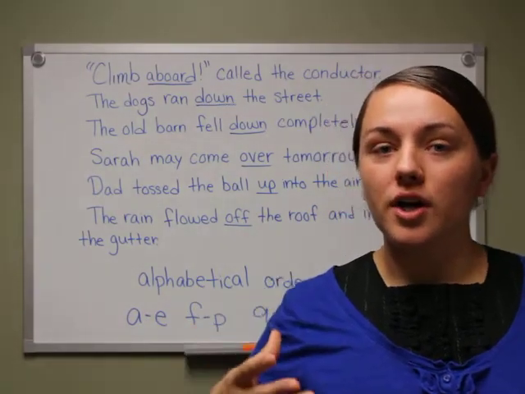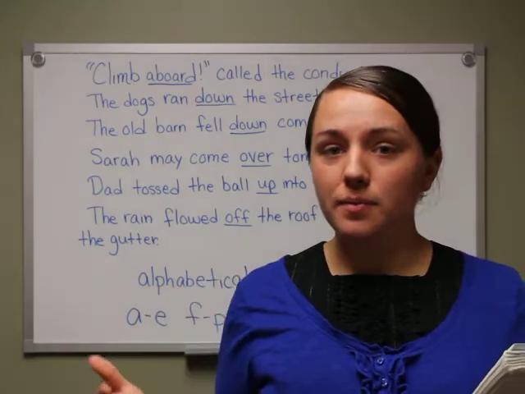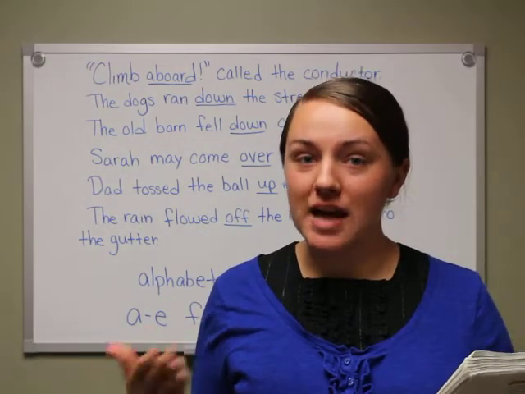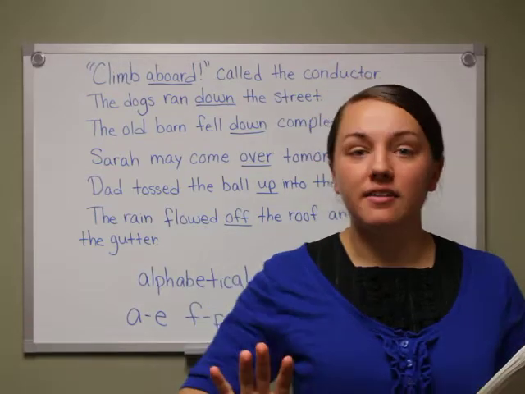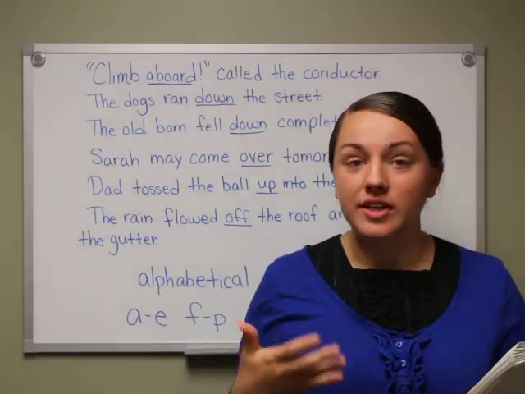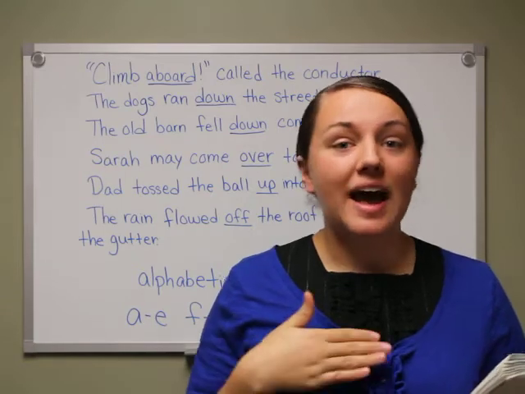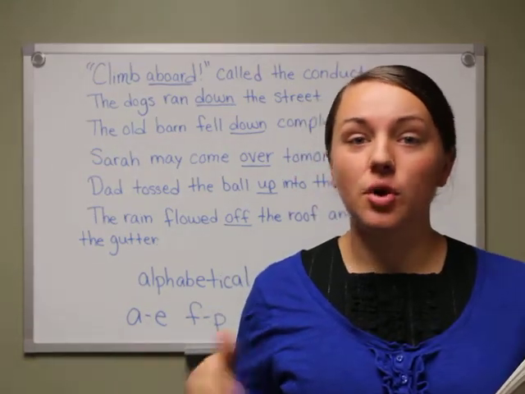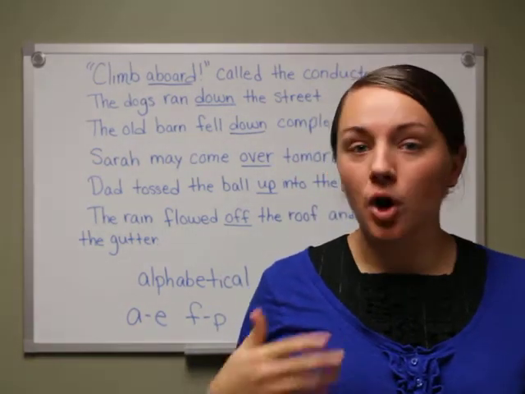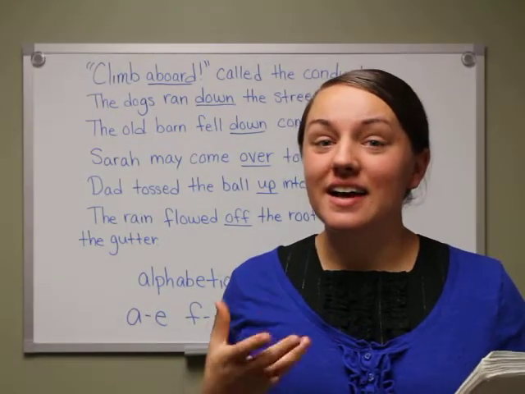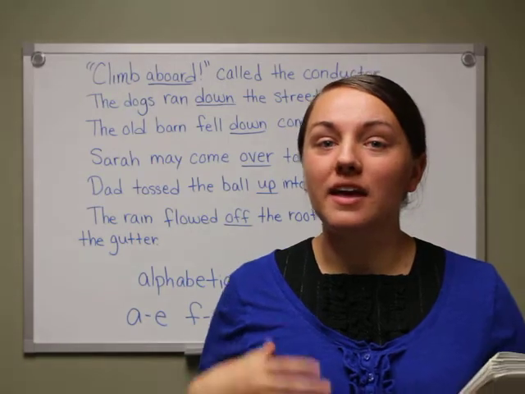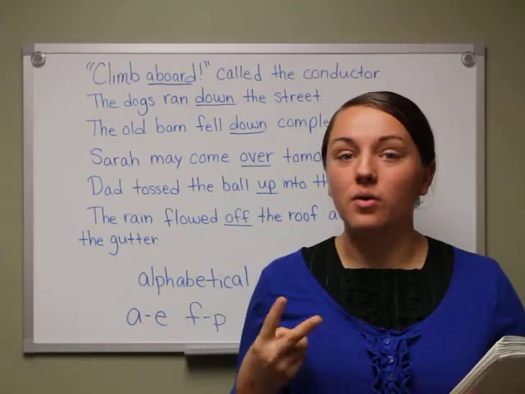So a word comes after a preposition, a noun or a pronoun comes after it, and that is the object of the preposition. Now, if you find a word that is in your preposition list, but it has no object after it, there is no noun or pronoun, no OP after the preposition, that means that in that sentence, it's probably being an adverb telling where or when.